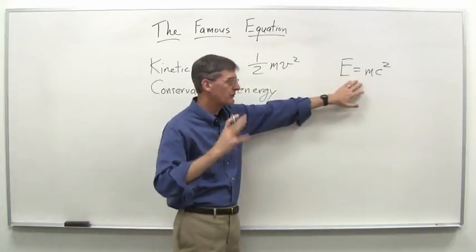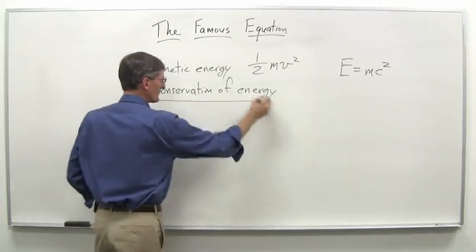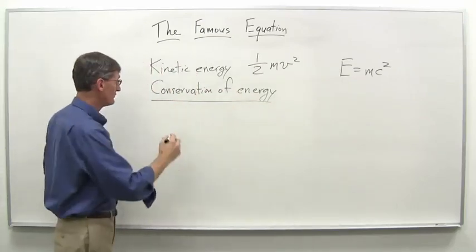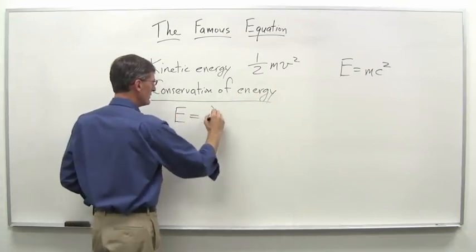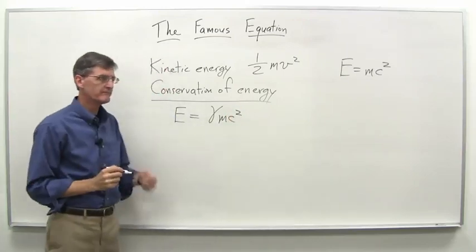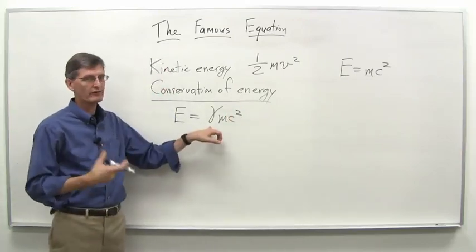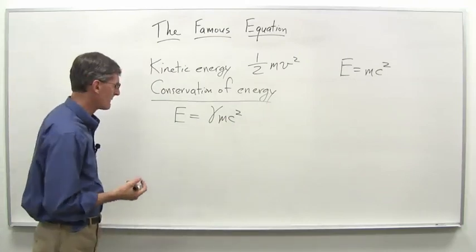This is a special form of the equation he really discovered. What he discovered was, and we're going to come back to see how it relates to conservation of energy here in a minute, he discovered this, that energy is gamma mc squared. Okay, gamma mc squared. In other words, here's our familiar Lorentz factor coming into play here.